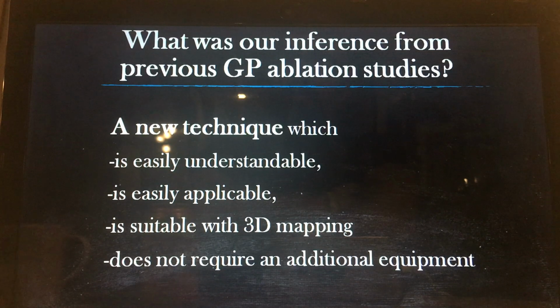So we believe that we need a new technique which is easily understandable, easily applicable, and suitable for 3D mapping systems, and if it does not require any additional equipment, it will also decrease procedural costs.